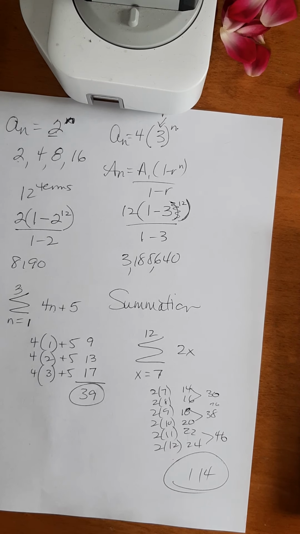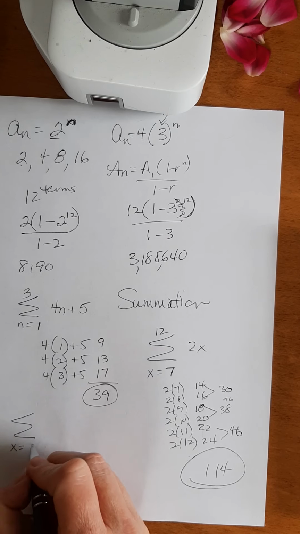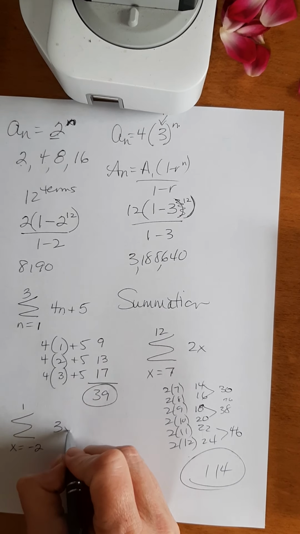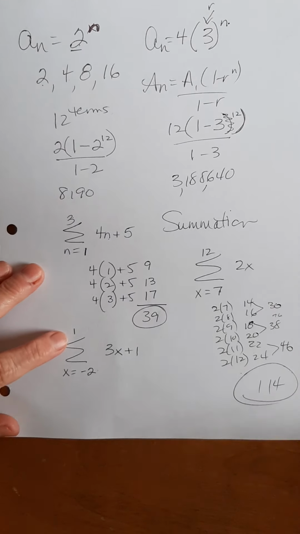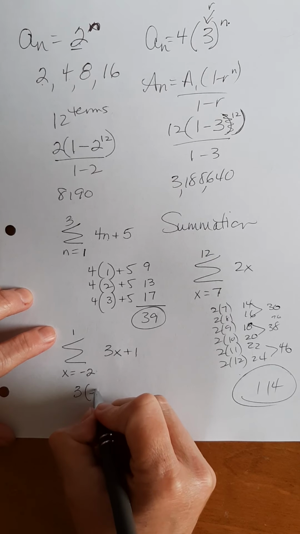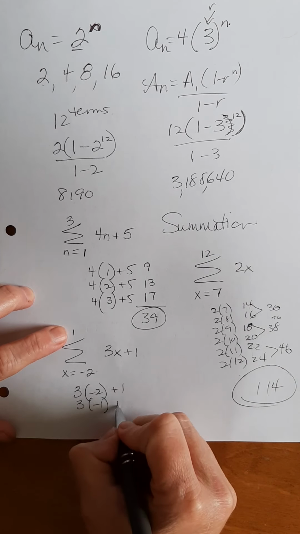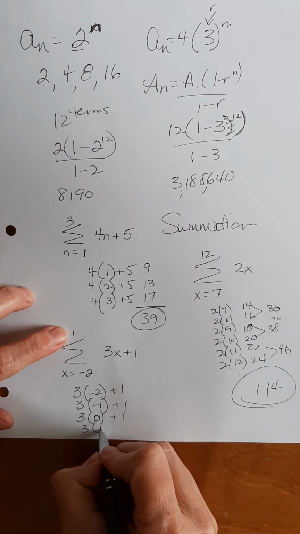And notice how you could even do, let's do one more regular one. Let's do a negative number to a 1. And we'll say 3x plus 1. It's the same exact thing. You start with this number. You're going to plug in negative 2. And you're going to go up to 1. You've got to include 0.